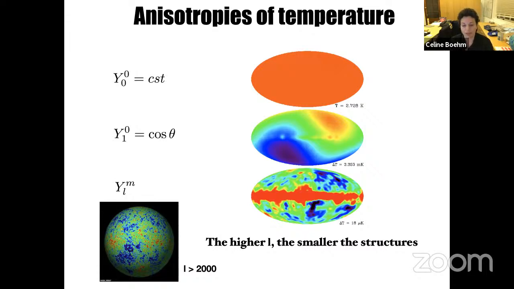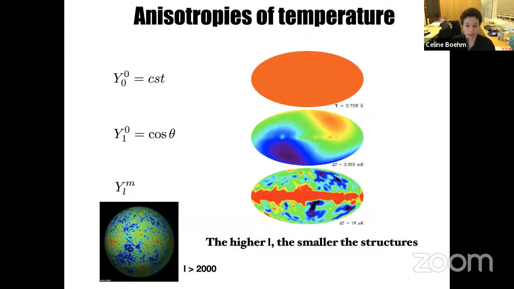So the second spherical harmonic, if you want, is good, but it's not actually capturing the anisotropies. In order to see the fine structure of the cosmic microwave background, you need to go further. To add more details, you need to add more multipoles, and so you have to compute tons of spherical harmonics.